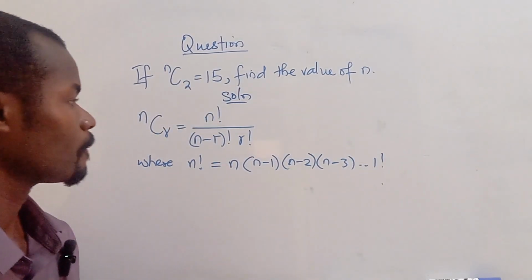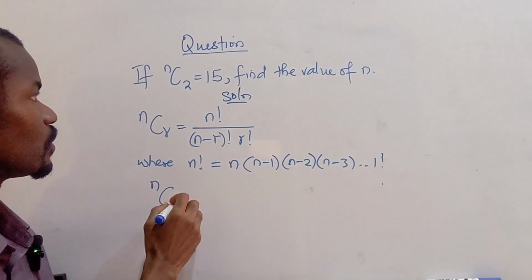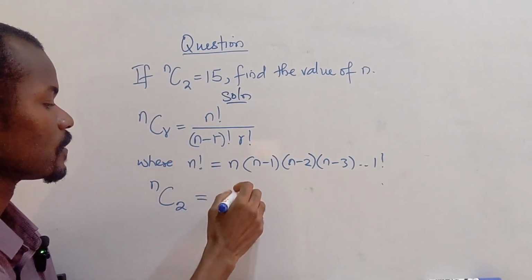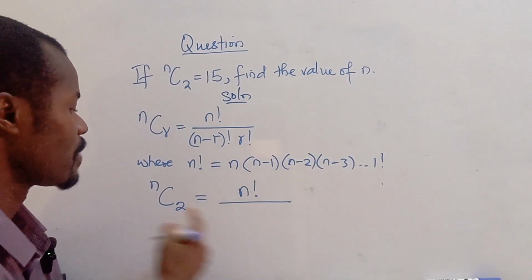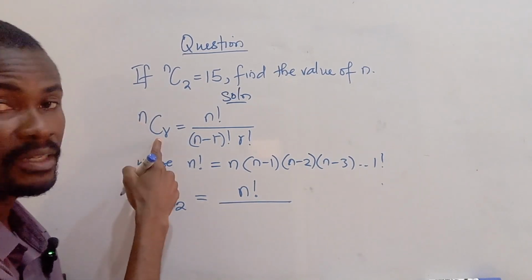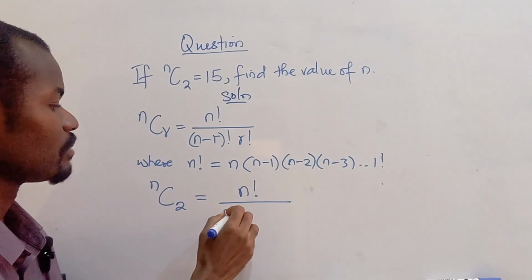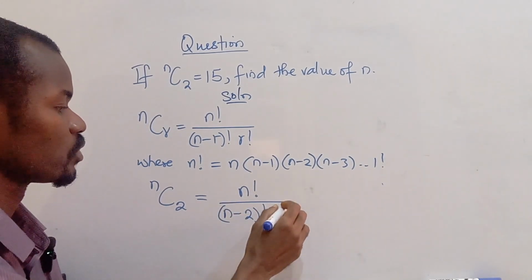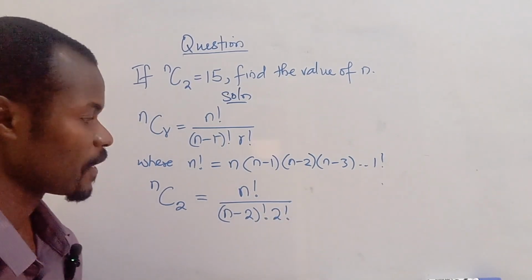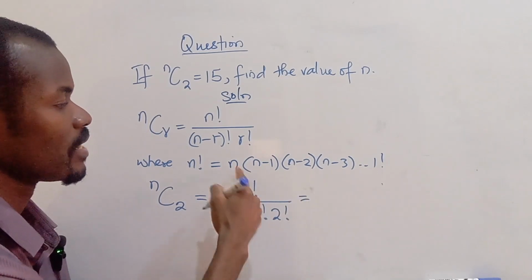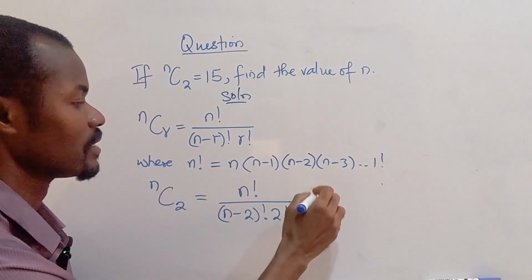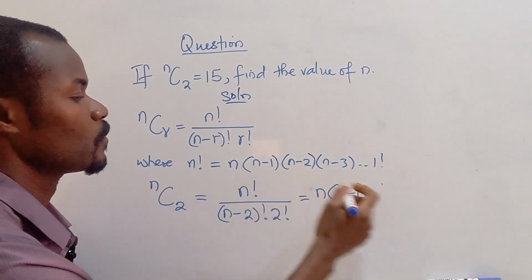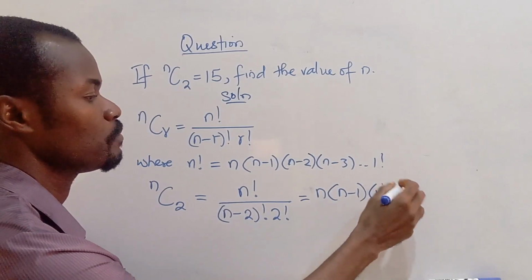So n combination 2 is going to be n factorial divided by n minus 2 factorial, like we have n minus r, then multiplied by 2 factorial. Our n factorial means n multiplied by n minus 1, multiplied by n minus 2 factorial.